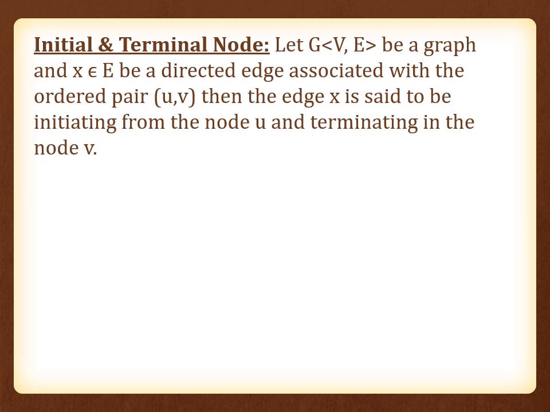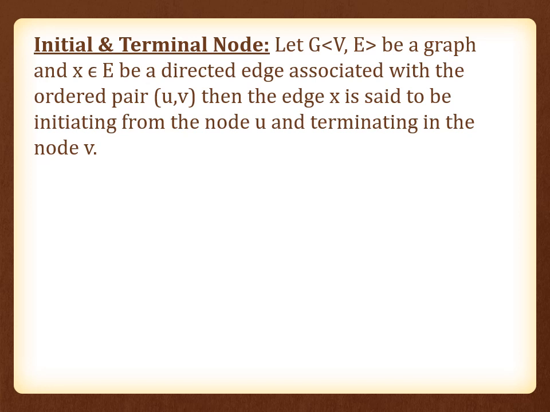Initial and terminal node. For the graph G, X belongs to E, that is, X is a directed edge associated with the ordered pair UV.